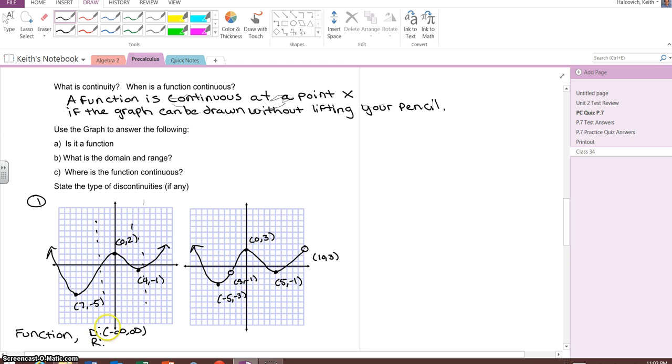The range, if you notice, the very bottom of the graph is -5. The top, well, there's arrows going up, so the range is greater than or equal to -5. Now, is this continuous? Well, this function is continuous everywhere. So it's continuous on all real numbers. So there is no discontinuity.